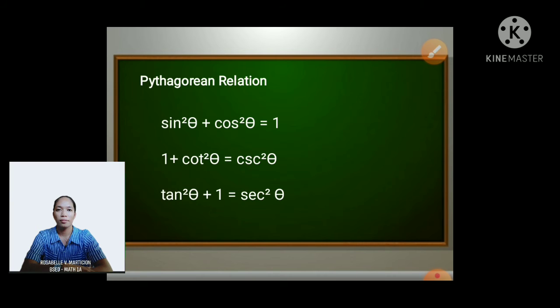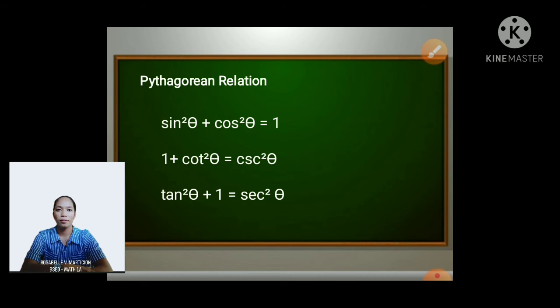In the Pythagorean relations, we have sine squared theta plus cos squared theta is equal to 1; 1 plus cot squared theta is equal to cosecant squared theta; and tan squared theta plus 1 is equal to secant squared theta.